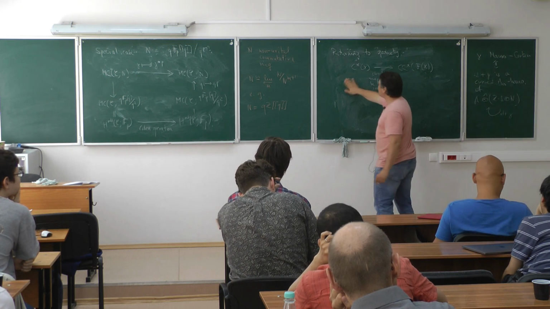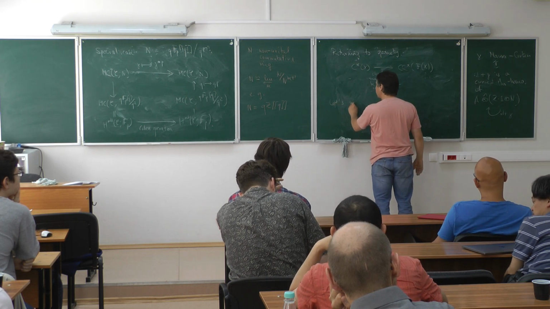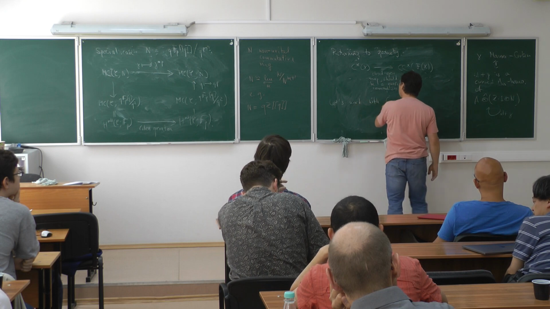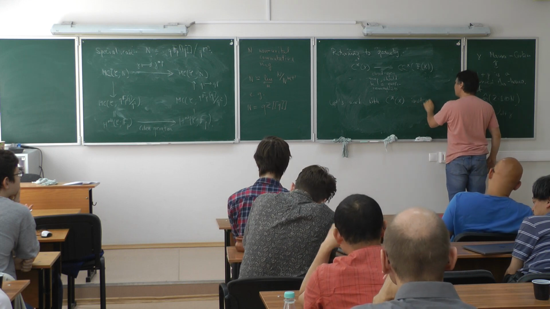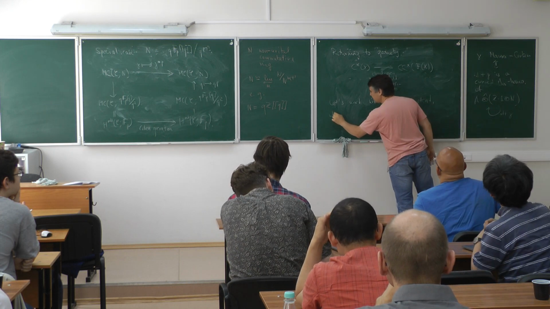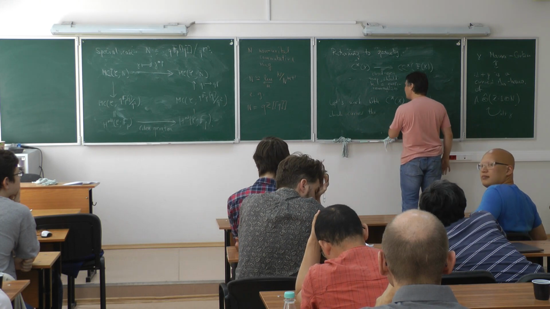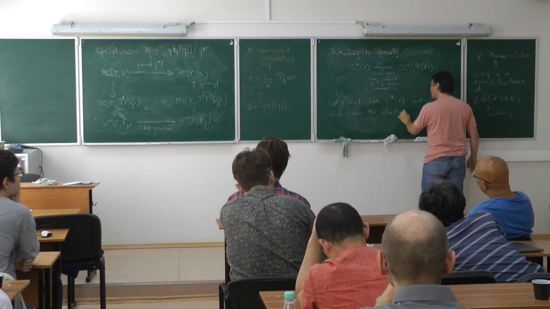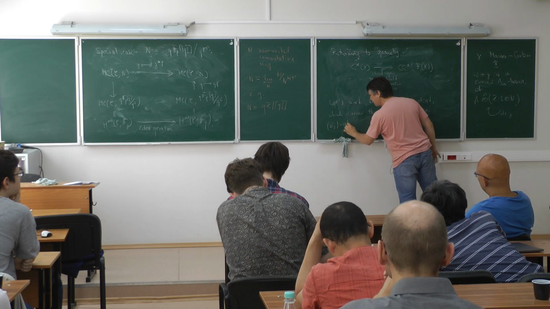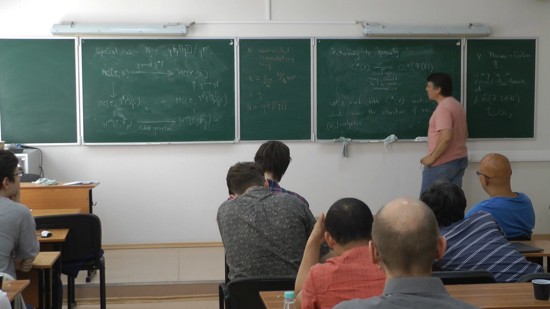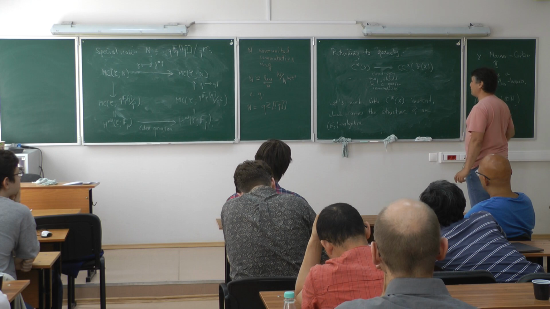But so we'll just replace it by, so let's work with this instead. This carries the structure of an E2 algebra, essentially through Gromov-Witten invariance, and this is a morphism of E2 algebras.